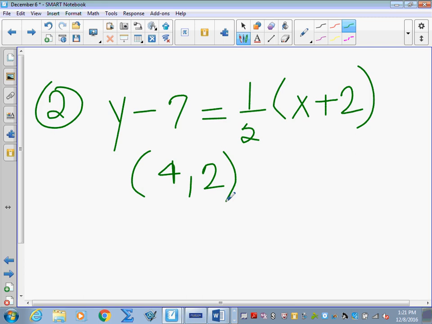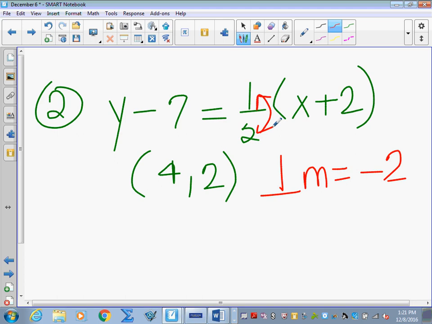You have to write an equation that's perpendicular to this. What are we grabbing from this equation? Who can give me the correct perpendicular slope? -2. Very good. That means you change the 1/2 to positive and you take the reciprocal, which means flip it. So it's -2.